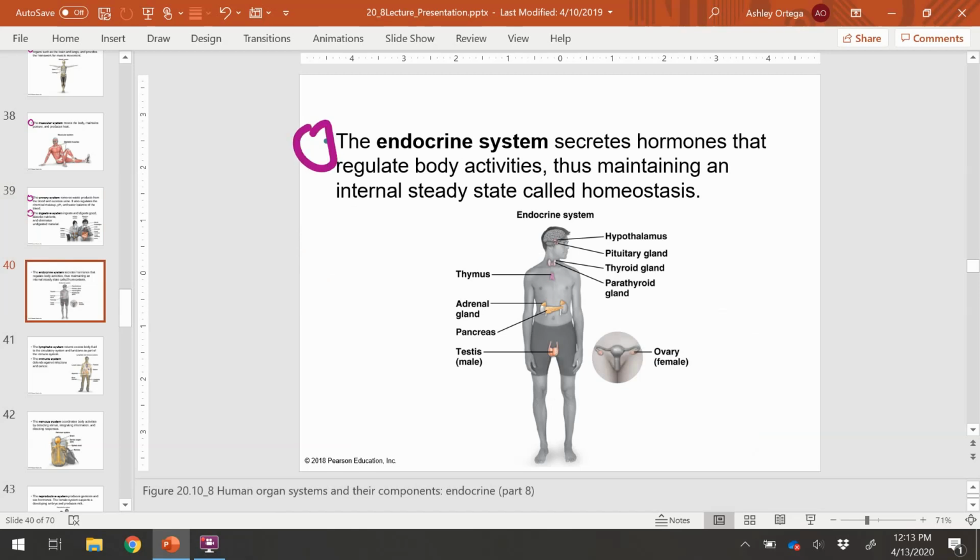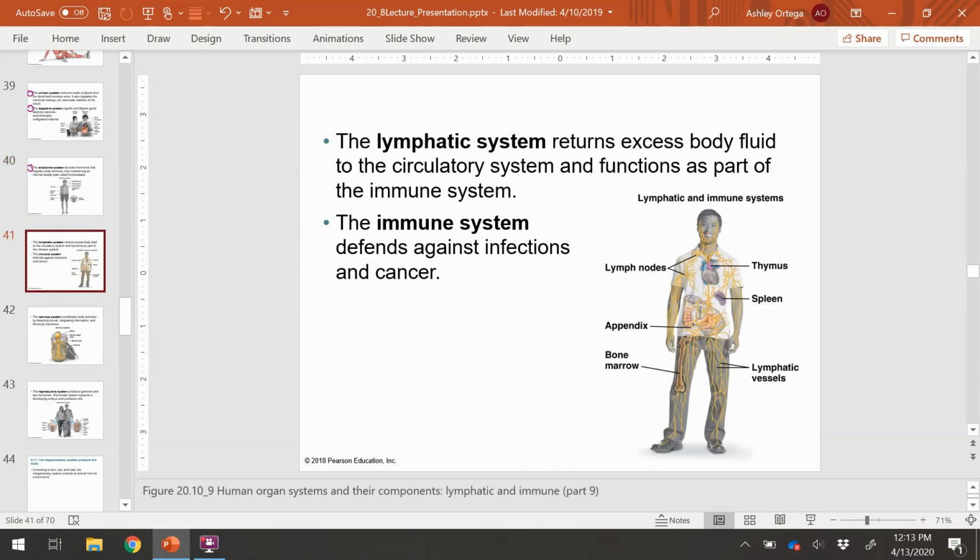The endocrine system is going to secrete hormones that regulate body activities and is responsible for maintaining a normal state, and that's called homeostasis, and I believe we'll see that at the end of this chapter.